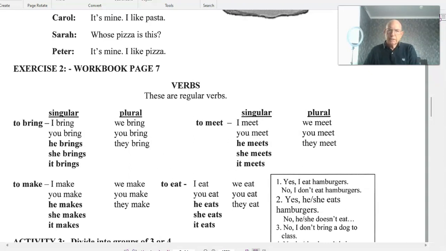I believe I was reviewing the verb to make. So I make, you make, he makes, she makes, it makes, and in the plural form, we make, you make, they make. To eat: singular, I eat, you eat, he eats, she eats, it eats, we eat, you eat, they eat.